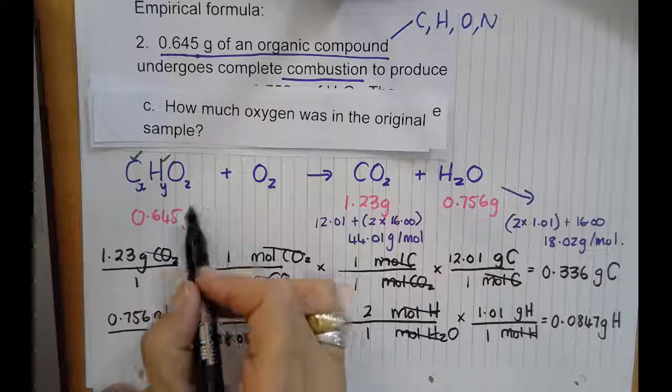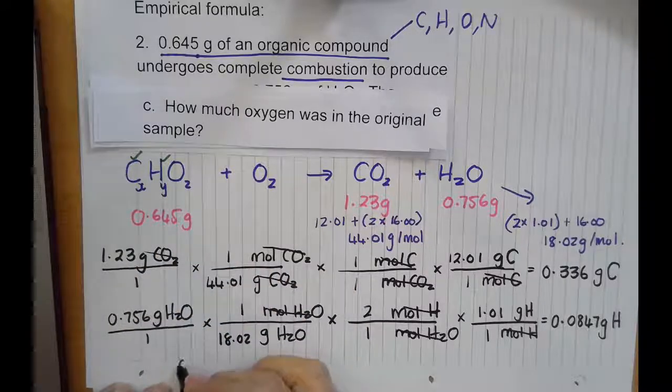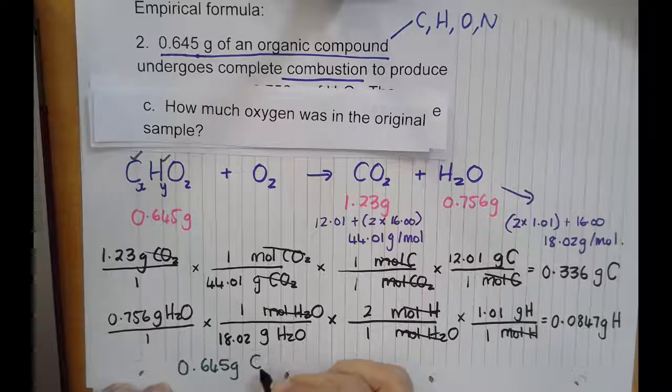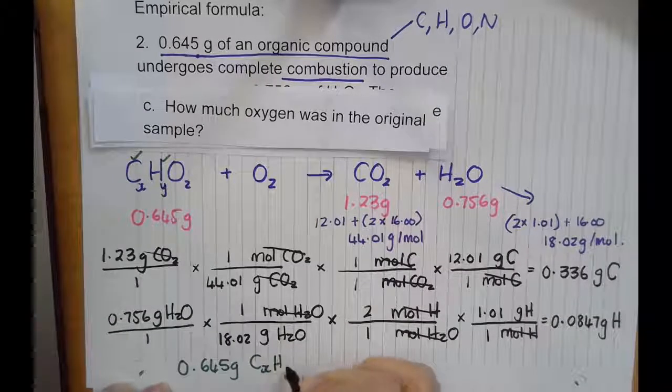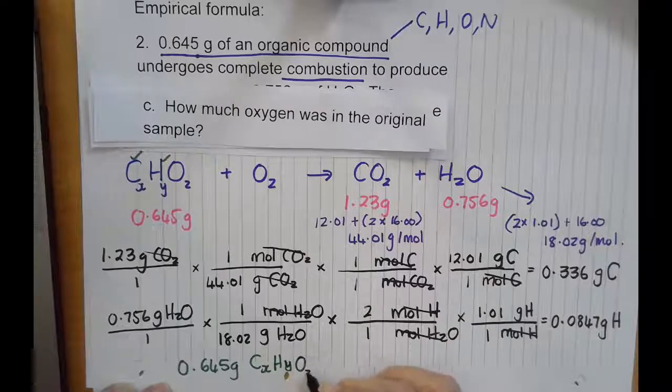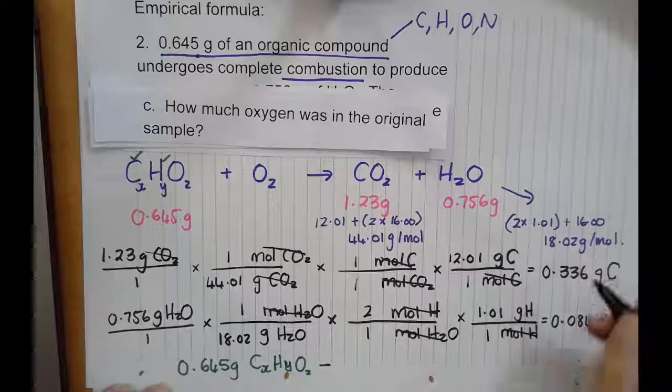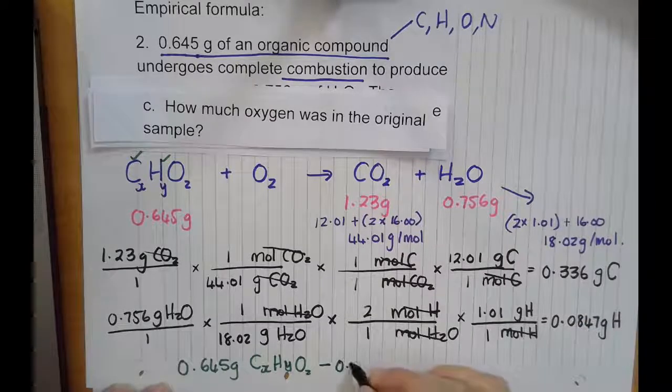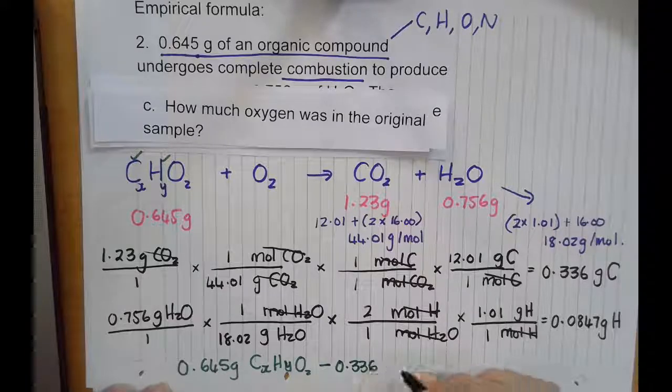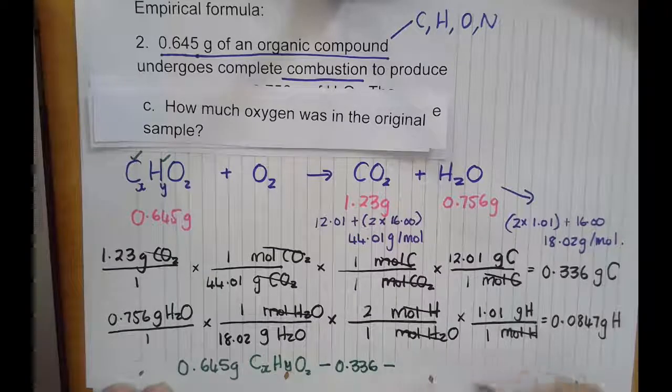You know that the total amount that you used was 0.645 grams of this CxHyOz. You have the original amount. So if you subtract from that the amount of carbon, which is 0.336, and you subtract the amount of hydrogen, which is 0.0847, then the balance is going to give you how much oxygen you had.